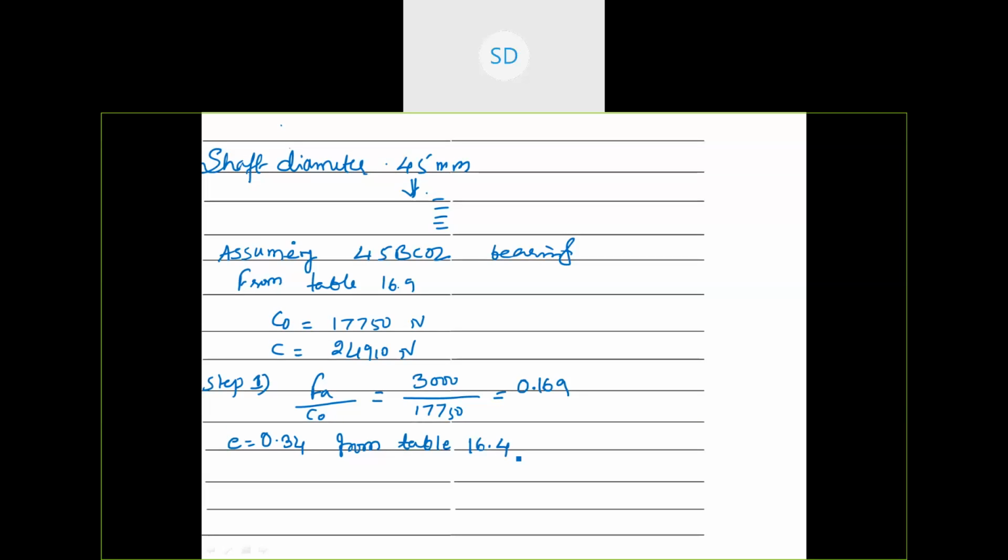Now, next step, you calculate Fa by Fr. Fa is 3 kilonewton, Fr is 6 kilonewton, you got 0.5. Now you compare this value with e.